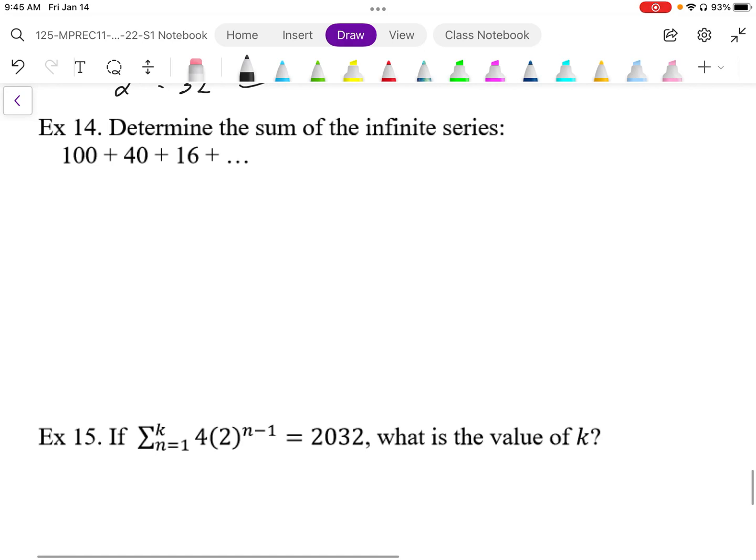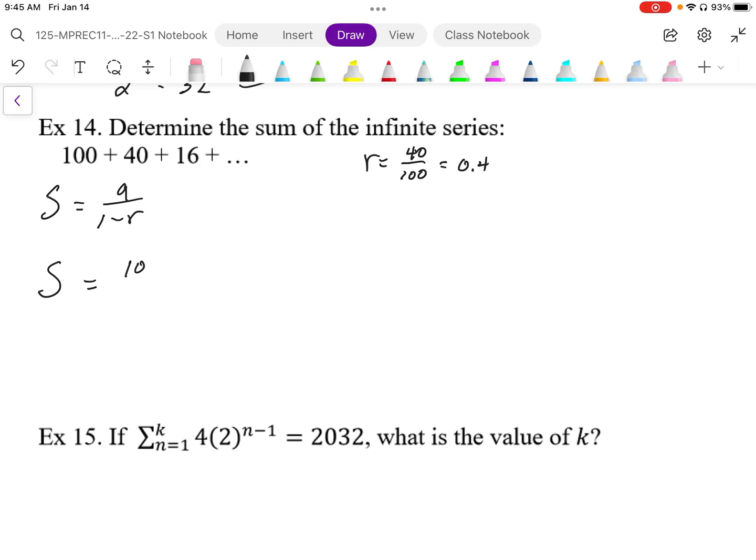For infinite geometric series, the formula is going to be S is equal to a over 1 minus r. Okay, we have the a value. We can calculate r by dividing consecutive terms. So the r value is equal to 0.4. So we have 100 divided by 1 minus 0.4.